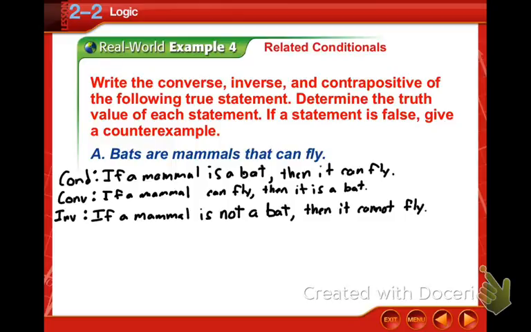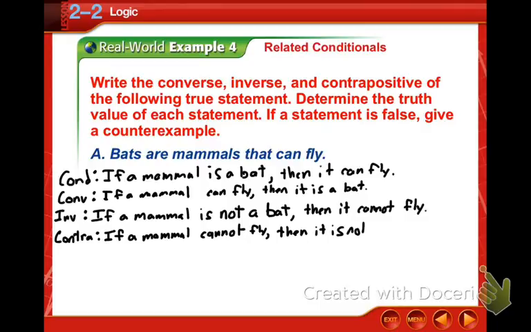And then the contrapositive takes the converse and does the same thing that the inverse does to the conditional. So if a mammal cannot fly, then it is not a bat.